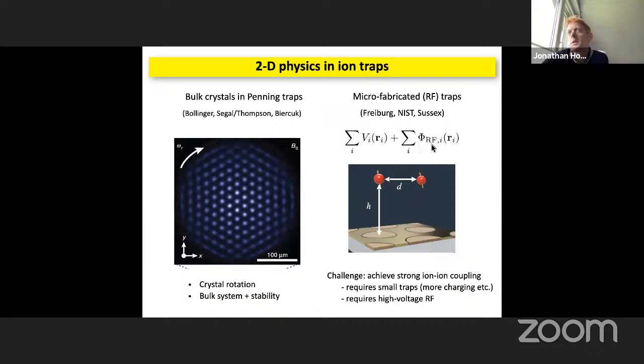So what does this mean? It means making microscopic potentials for each and every ion. And then, in order to make ions interact through their Coulomb interaction, you basically have to get them close enough together.